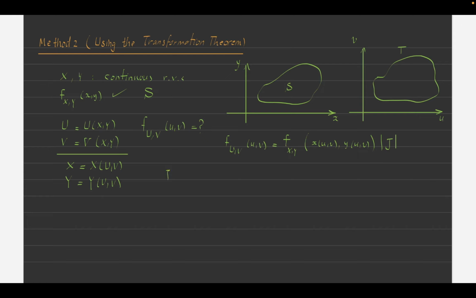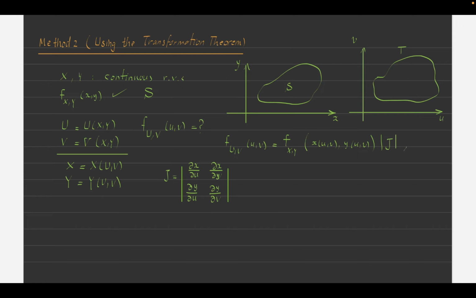So here the Jacobian is defined to be the determinant of the partial derivative of x with respect to u, partial derivative of x with respect to v, and the partial derivative of y with respect to u, partial derivative of y with respect to v. You calculate this determinant. Okay? And then of course this is not a determinant, this is the absolute value. So this guarantees that this one that you are looking for can be calculated in this way.